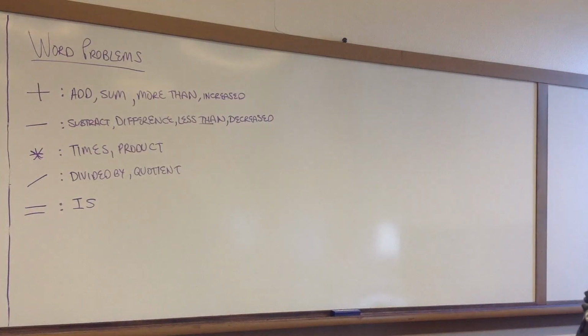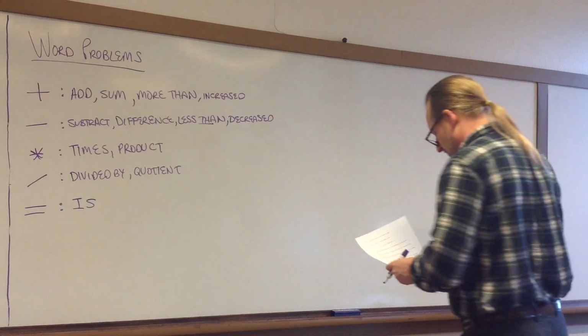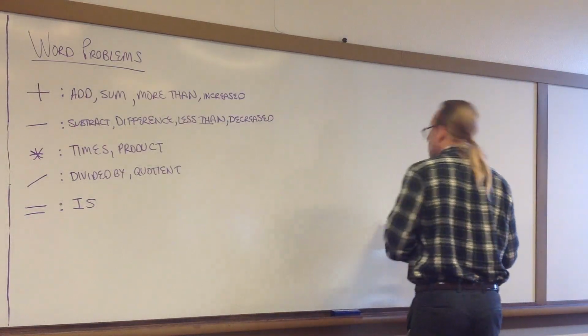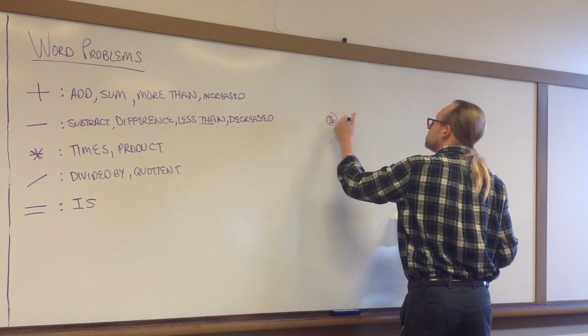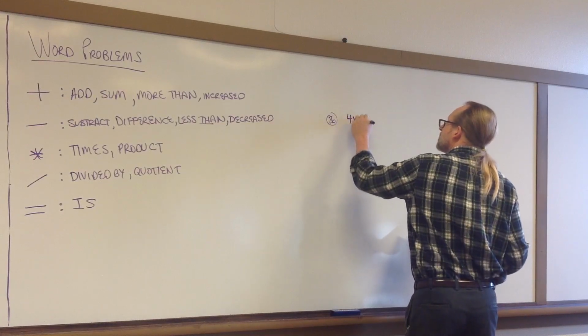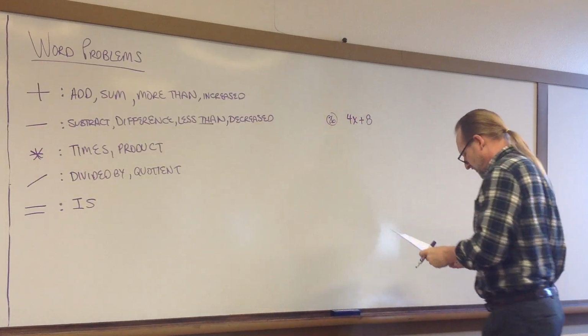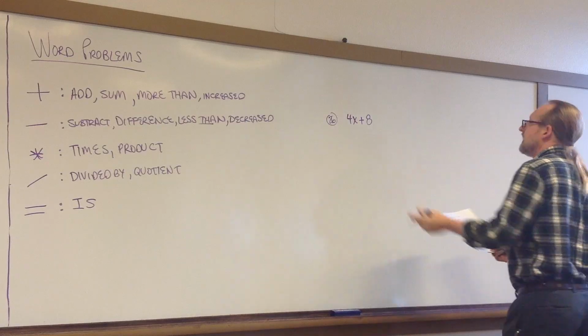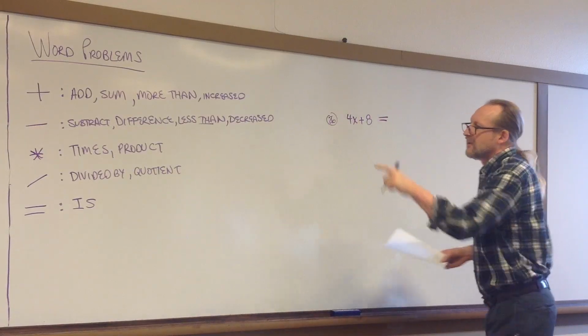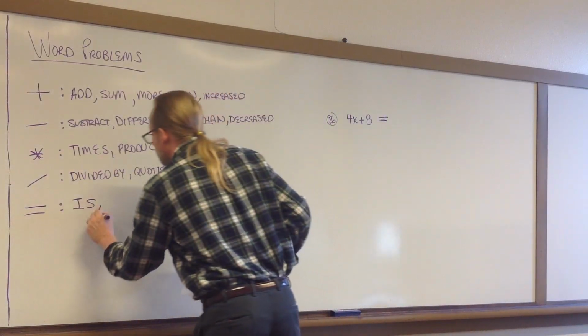Problem 26. 4 times a number is added to 8. Okay, that's pretty straightforward. 4 times a number added to 8. The result is, that's another equals to over here.